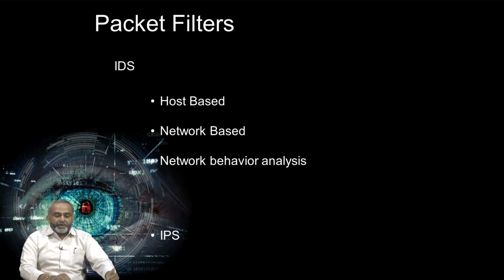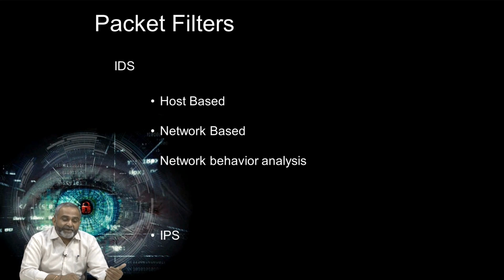Now, from the configuration point of view, we can categorize intrusion detection systems into mainly two categories: host based intrusion detection and network based intrusion detection system. Another type is, of course, network behavior analysis, but the most important are the host based intrusion detection system and the network based intrusion detection system.